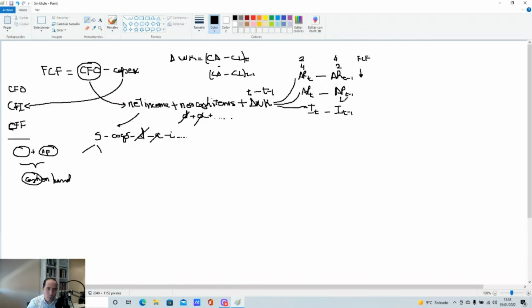If you have 2 here and 4 here, this is more related to how the company is dealing with its suppliers, and in this case your account payables have increased in the current year with respect to the previous year, which means that your suppliers are giving facilities to our company.